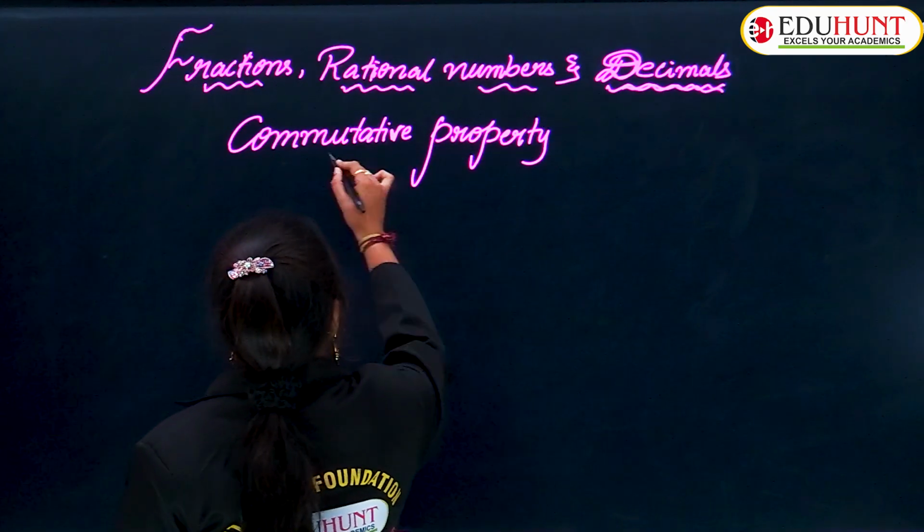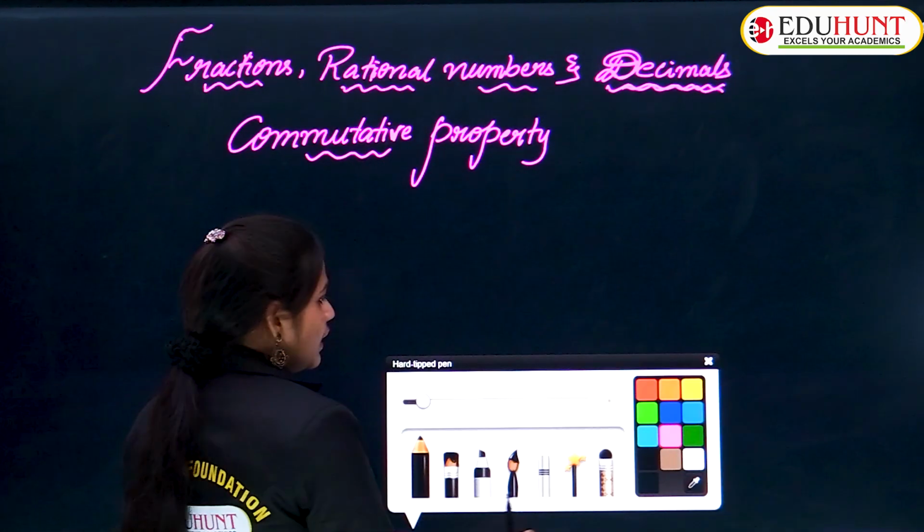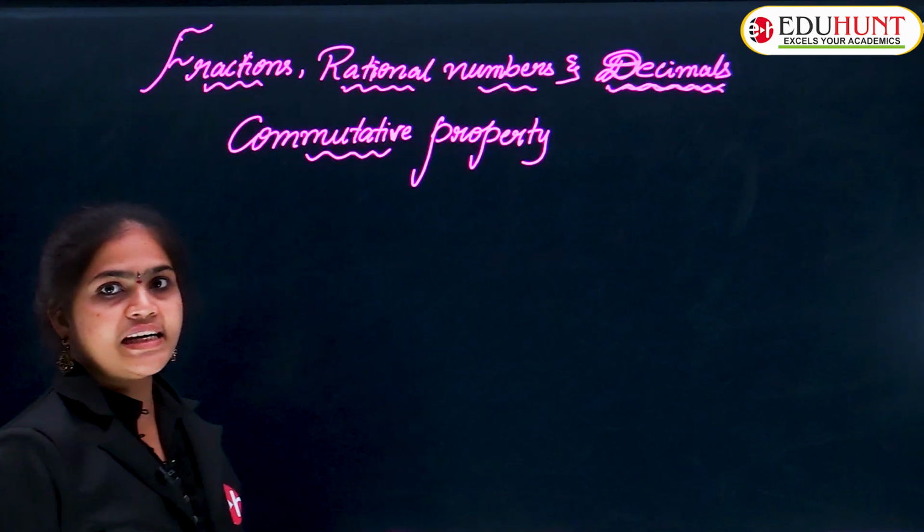What is the next one, ma? Commutative property. Okay, commutative property, here what is the definition?